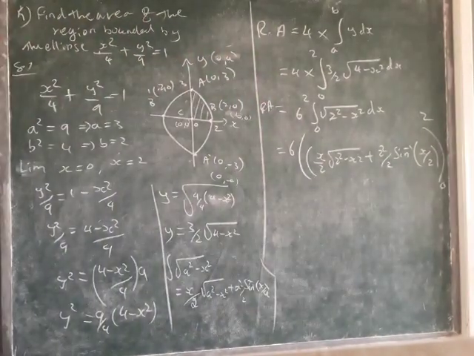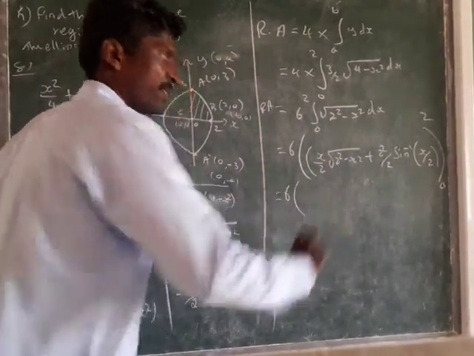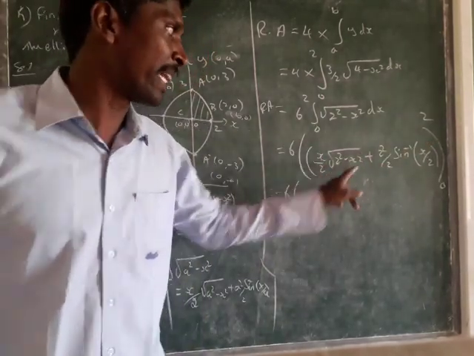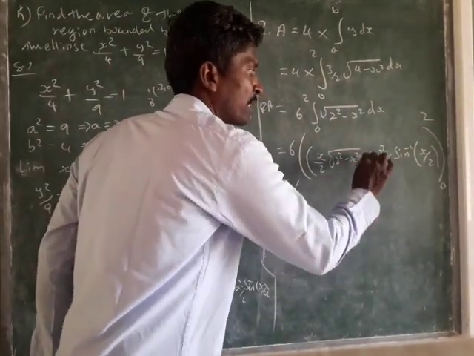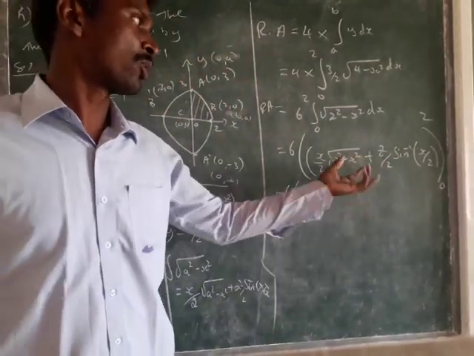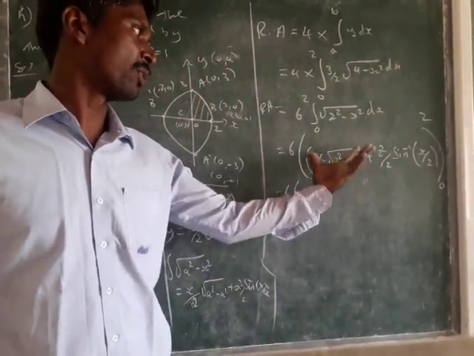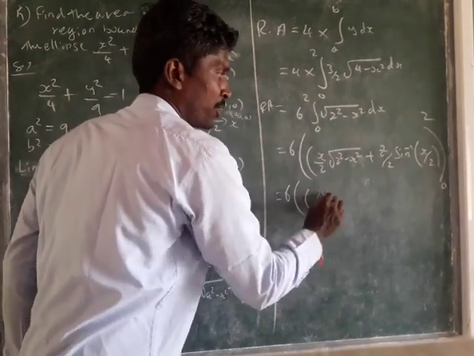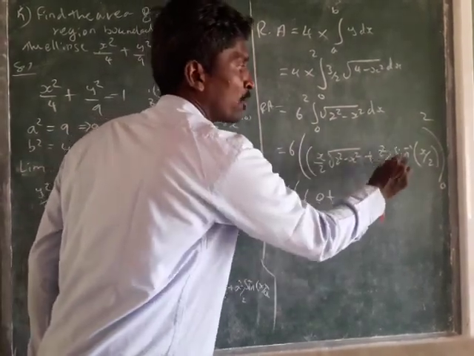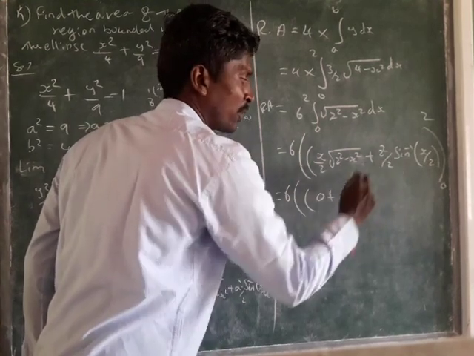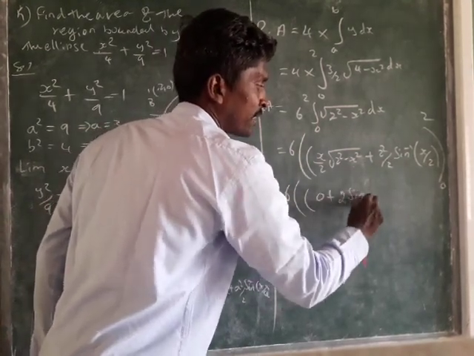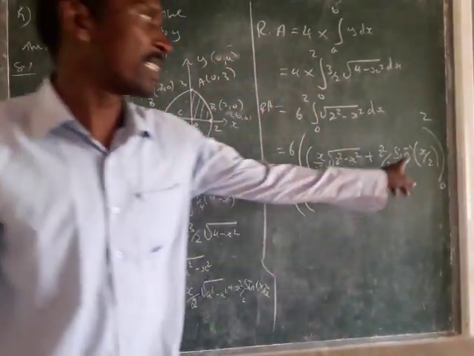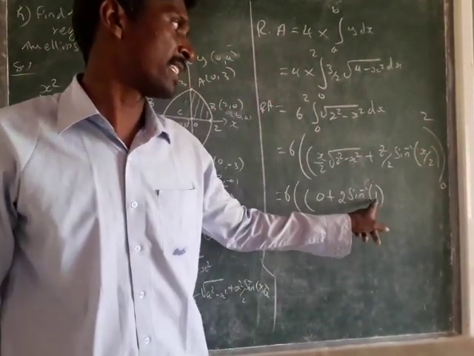Substituting the upper limit x equals 2, the square root term becomes 0. The next term is 2 squared by 2, which is 4 by 2, which is 2, times sine inverse of 2 by 2, which is sine inverse 1.